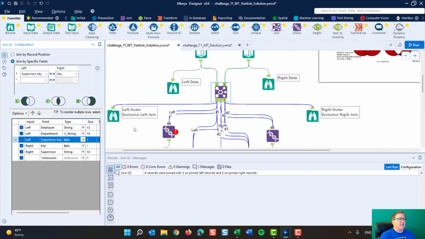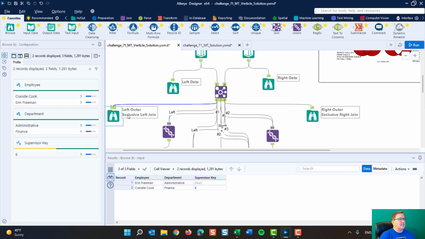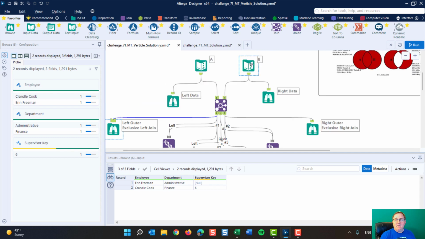Now let's come over here, and we're going to talk about what's going on with this. This is a left outer or exclusive left join. These are the 2 pieces of data that exist that are not joined. They don't exist over in the supervisor table.